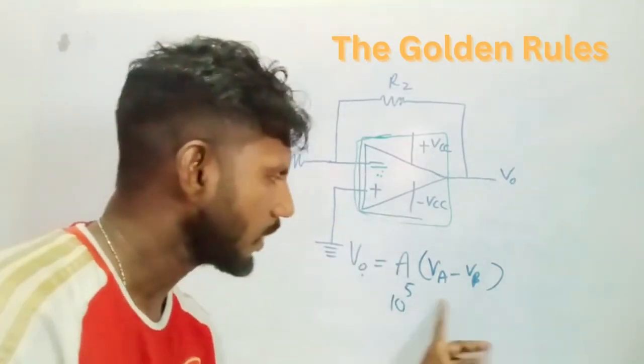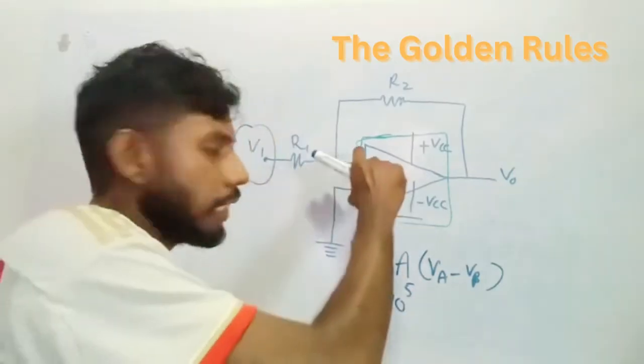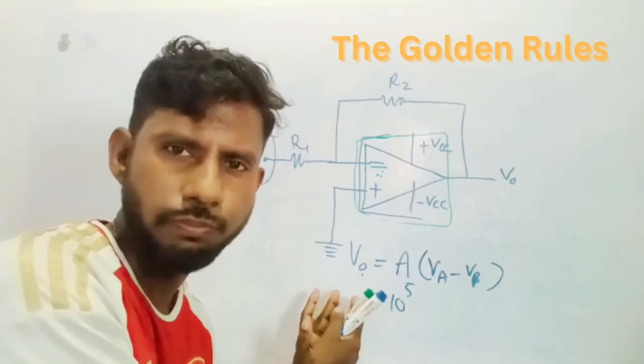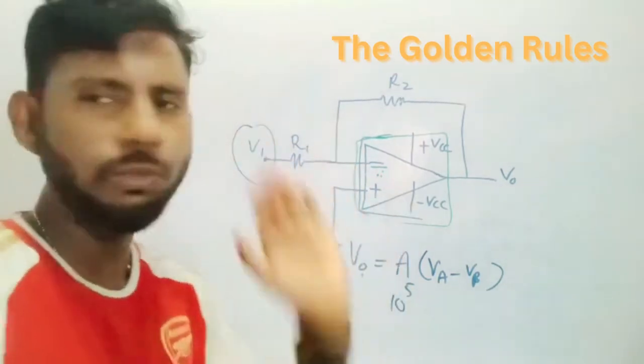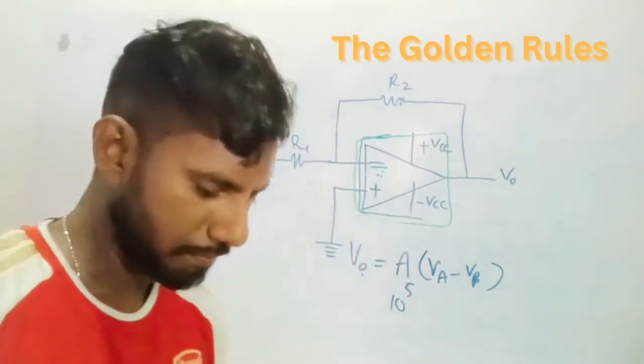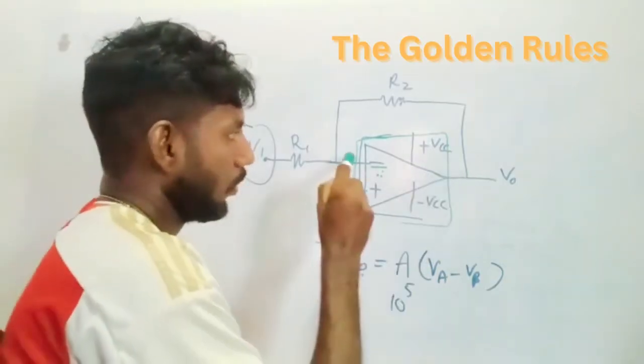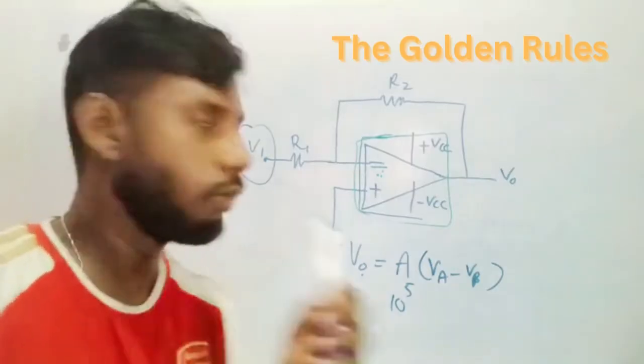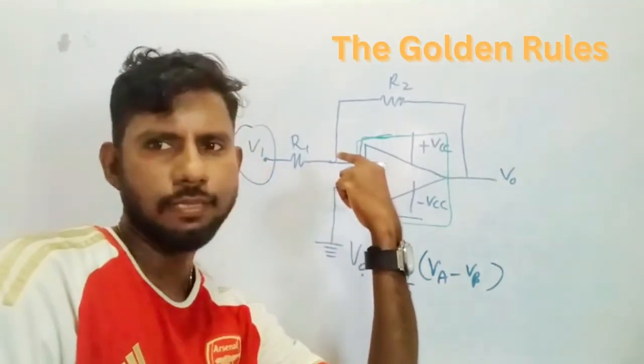So even if there is a very small potential difference between these two terminals, it will increase to a greater value. So in closed loop, we need to make sure the potential difference between these two terminals is 0.